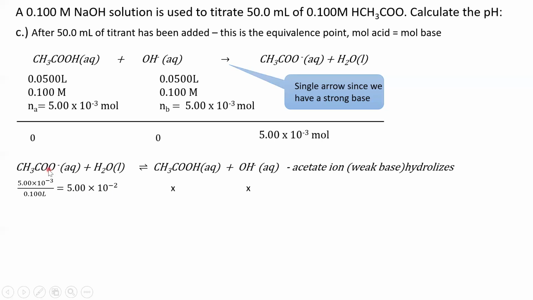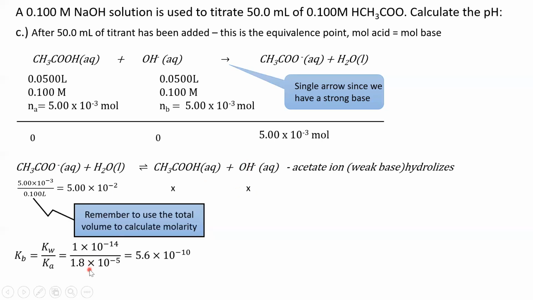Since it's a weak base, only a little bit of it reacts, X and X. Now, we can calculate X. We know hydroxide then. We can calculate the pOH, and then we can calculate the pH.